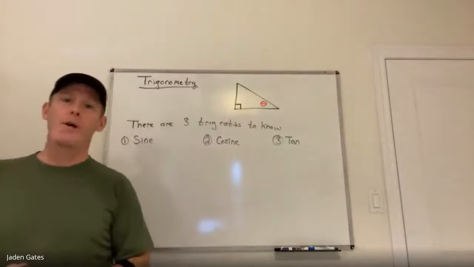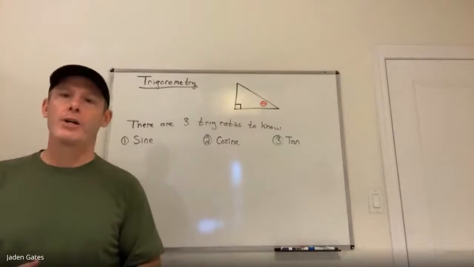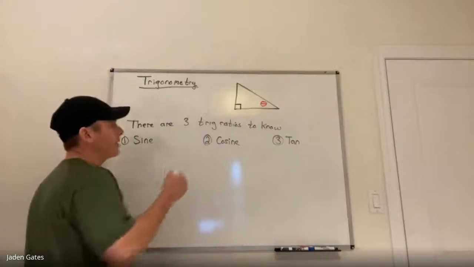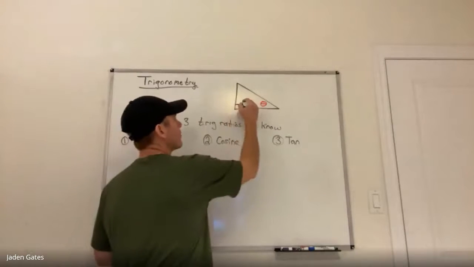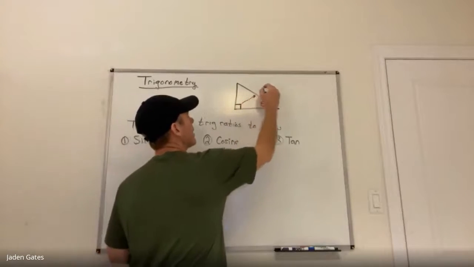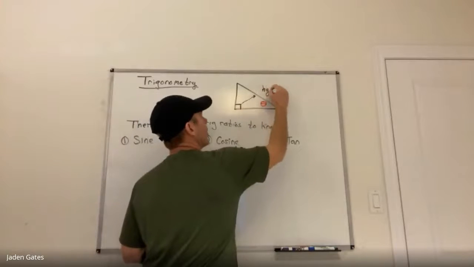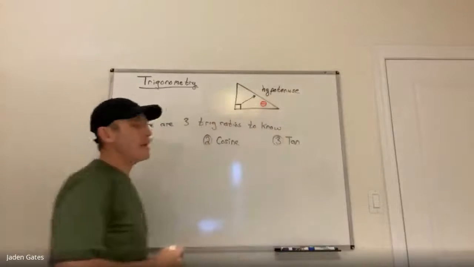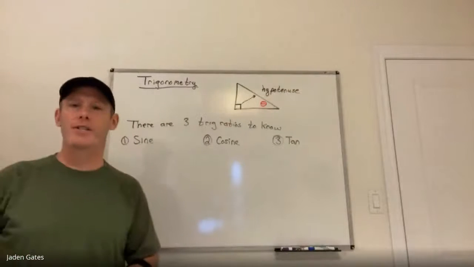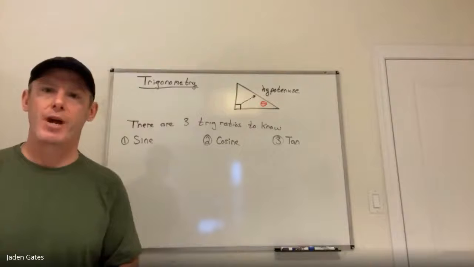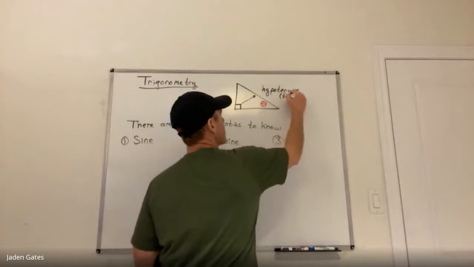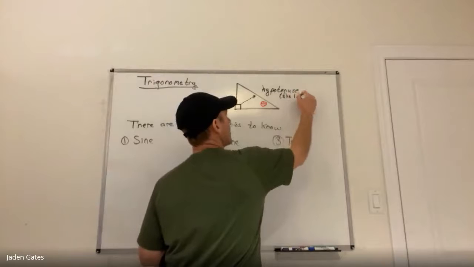Now, with trigonometry, a triangle has three sides. They each have a name. Now, the side that is always across from the right angle, that is called your hypotenuse. All right, now it's key, and you've probably dealt with the hypotenuse before when you're dealing with Pythagorean theorem, but the key for the hypotenuse is it's the longest side.